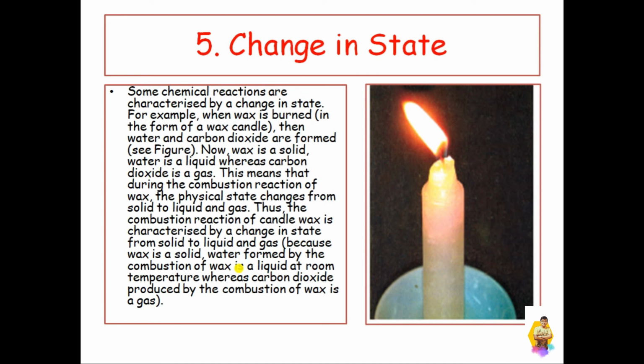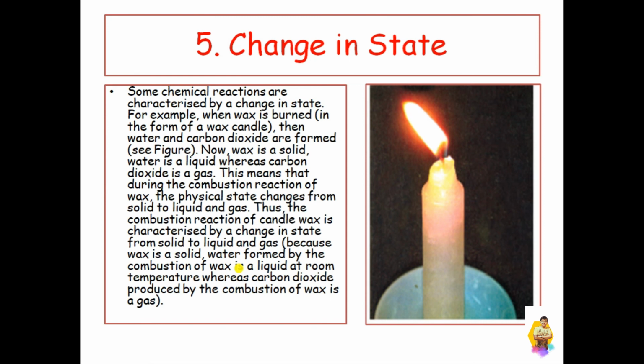Point number 5, change in state. Some chemical reactions are characterized by a change in state. For example, when wax is burned, what happens? Then water and carbon dioxide are formed. Wax is a solid, whereas carbon dioxide is a gas and water is a liquid.